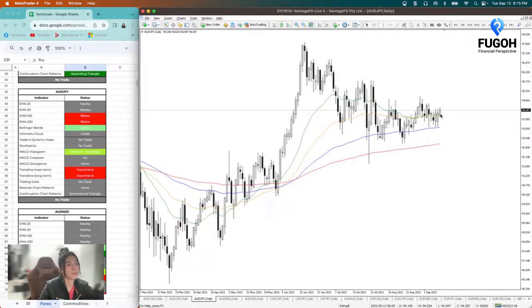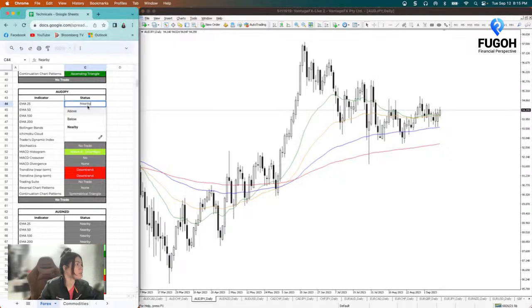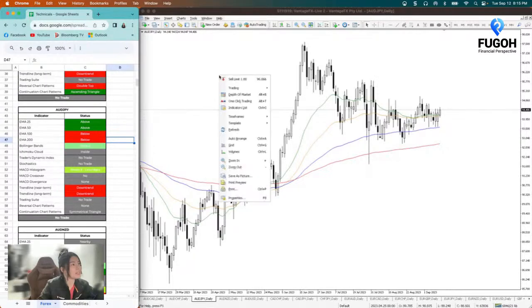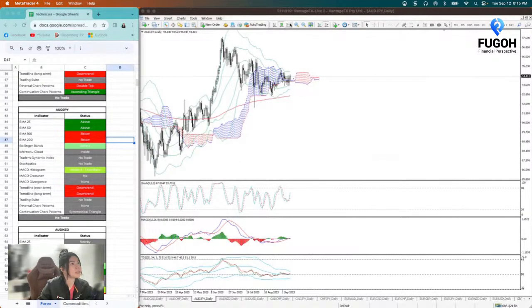Yes. All right. So the price is already above the 25 and 50 EMA. So it's still nearby, yes, but it's above. Let's mark it above. For the Bollinger Band, let's go back to the other template.